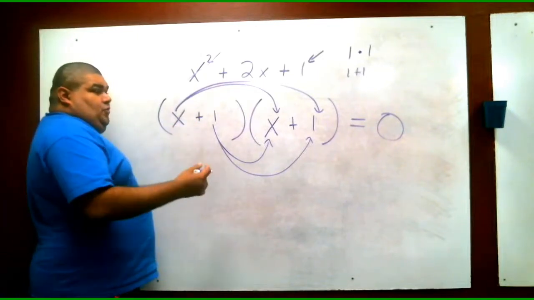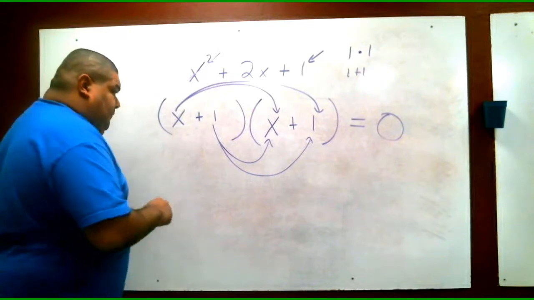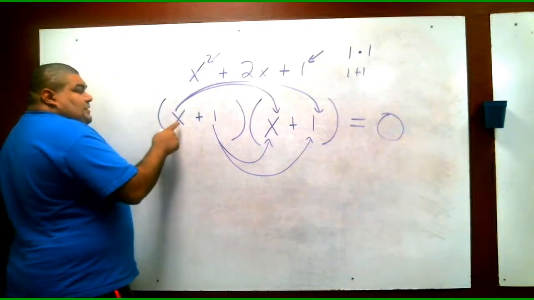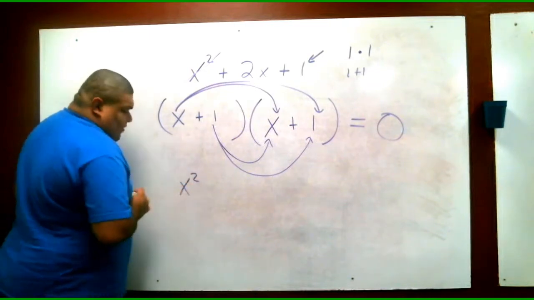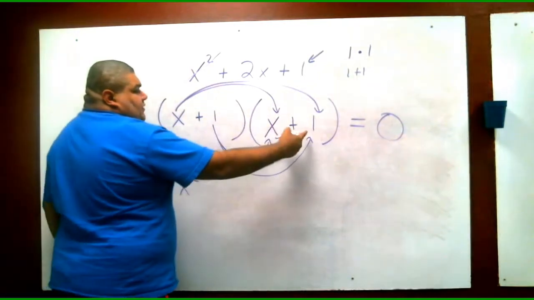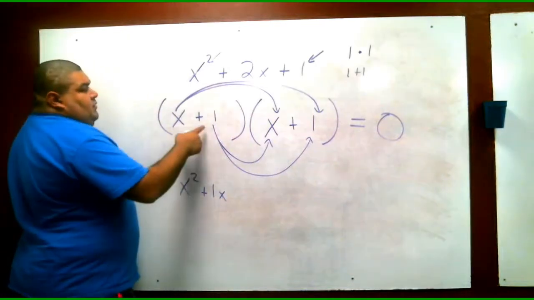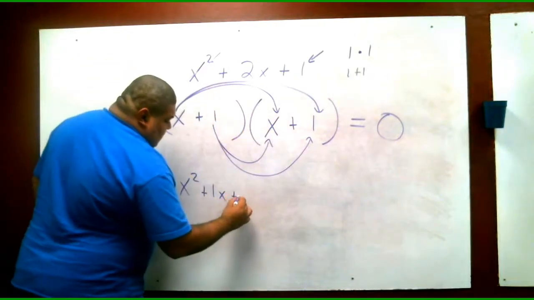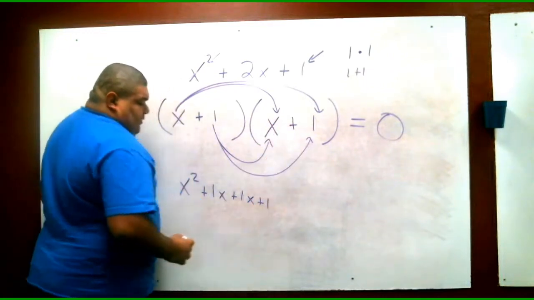For the ones that are new, foiling means first, outer, inner, last. So that means that x times x is x squared. x times 1 is plus 1x. 1 times x is plus 1x. And then 1 times 1 is plus 1.